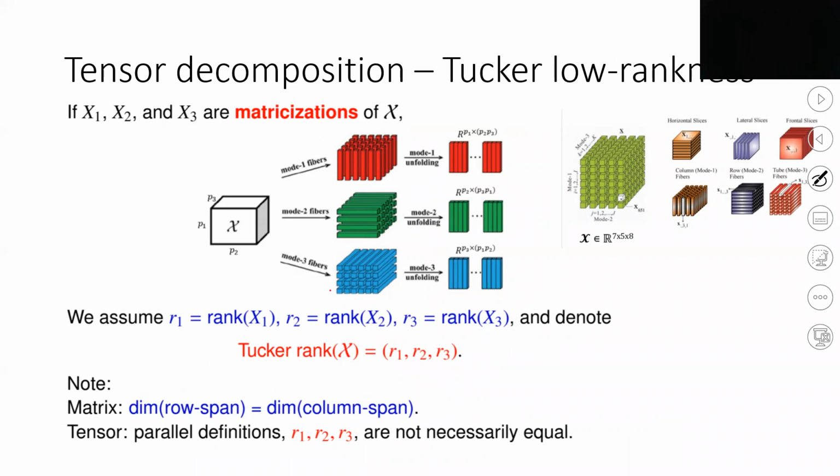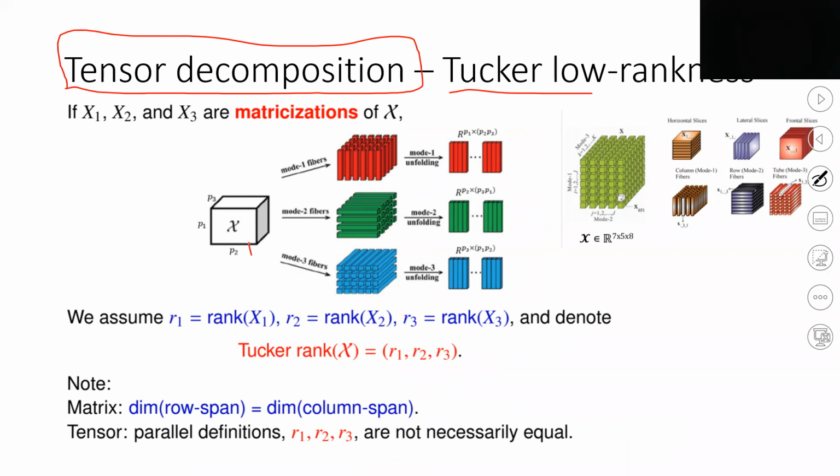Another way of tensor decomposition is called Tucker decomposition. The structure is slightly different. It will decompose the tensor into those fibers. Okay, so you have the product of those fibers to give you the reconstructed tensor data.